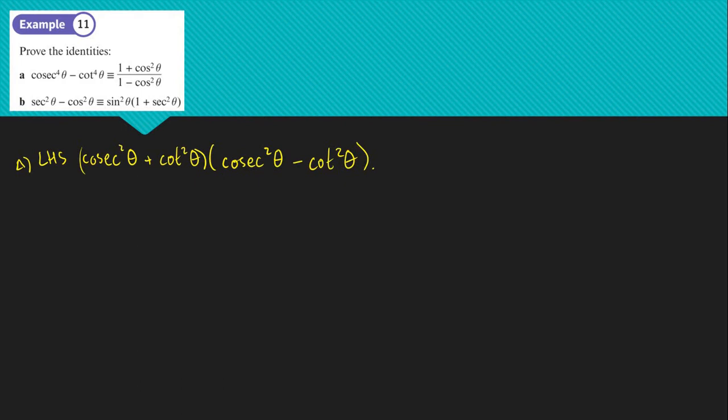And so I'll show you what that actually looks like. It's pretty cool. So with this, we've got 1 over sine squared theta minus cos squared theta over sine squared theta. And what that'll be is 1 minus cos squared theta over sine squared theta.